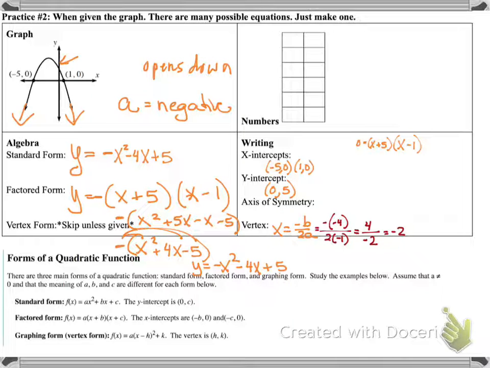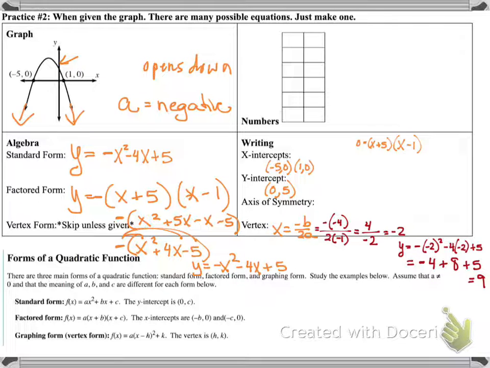Now I'm going to plug that into my standard form. y equals negative (negative 2) squared minus 4 times negative 2 plus 5. Simplify that. Negative 2 squared is positive 4, but that negative out front makes it a negative 4. Plus 8 plus 5. I'm seeing a positive 9 there.